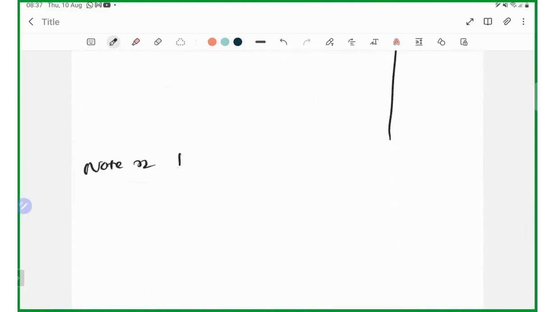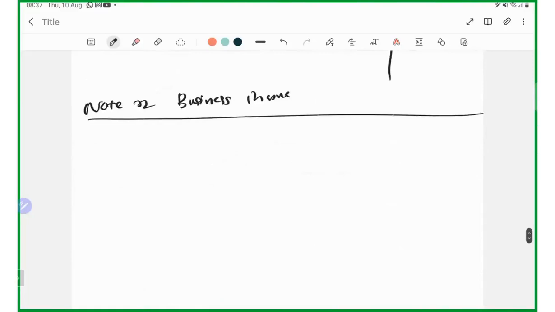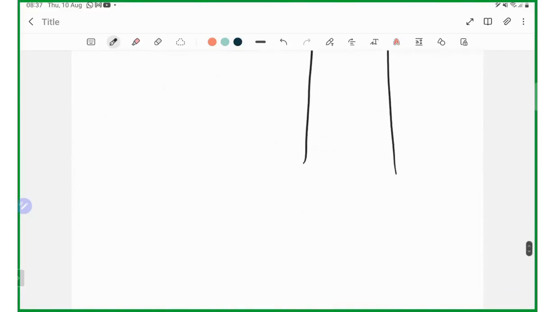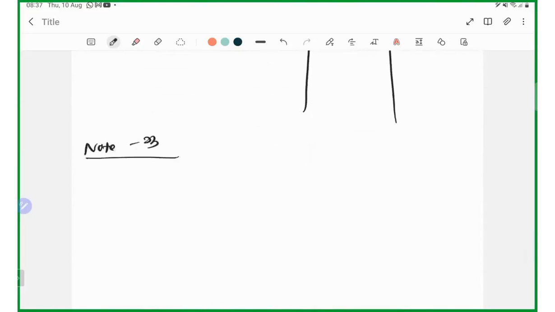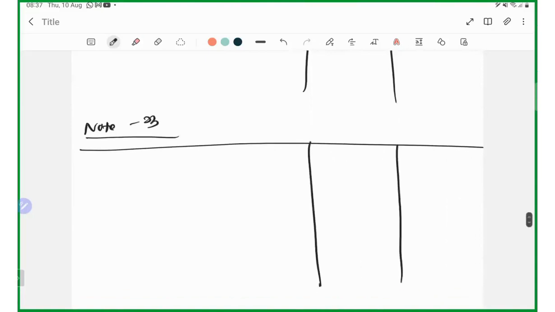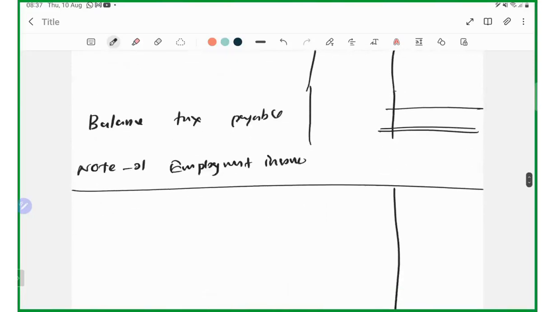Note 2, business income. And note 3, investment income. You can do these things with me after pausing the recording, right? This is the recorded session. So let's start with the employment income.